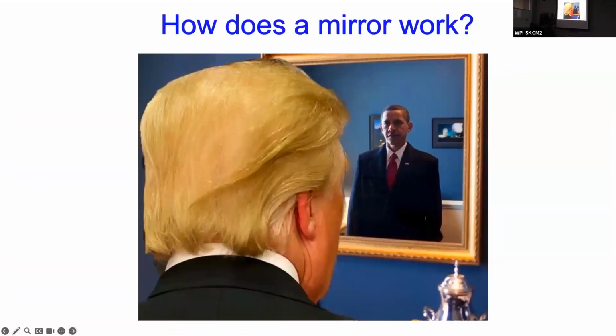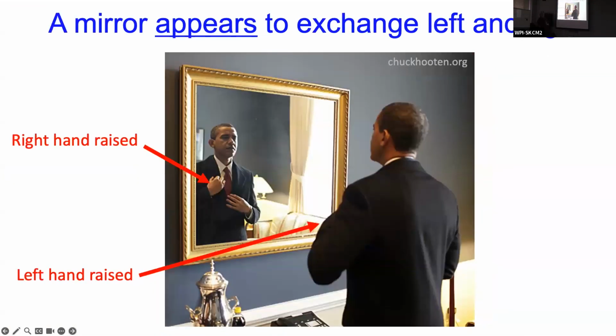Let's start with a magic mirror. There is no such mirror that when President Trump looks into it, they see President Obama. Unfortunately, there is no such mirror. So it's a magic mirror. But even a regular mirror is pretty magical.